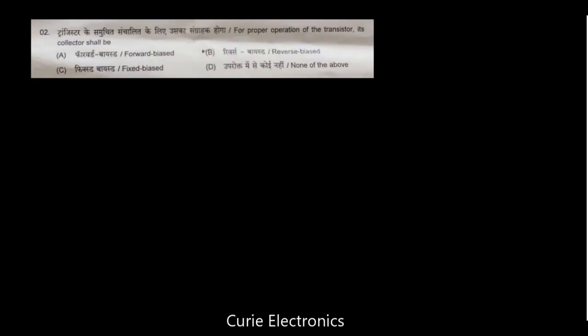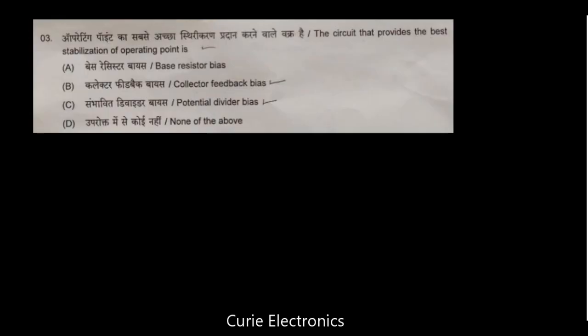For proper operation of the transistor, its collector shall be reverse biased. Proper operation means using the transistor in the active region. The circuit that provides the best stabilization of the operating point is the potential divider bias.